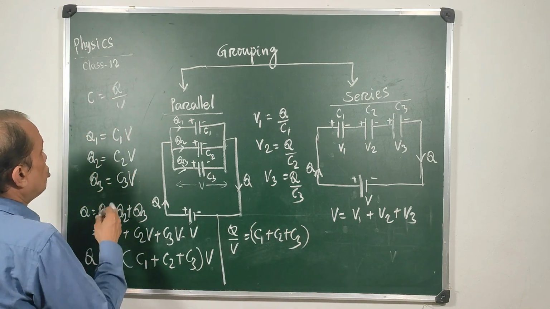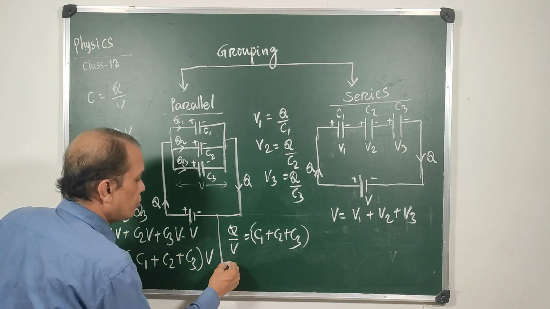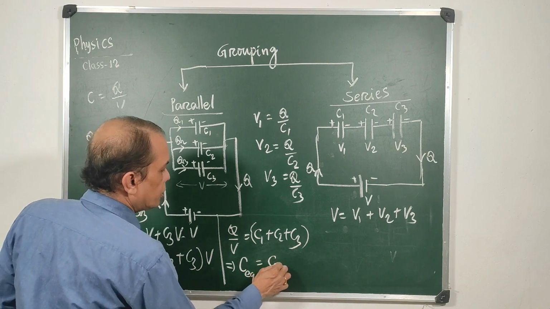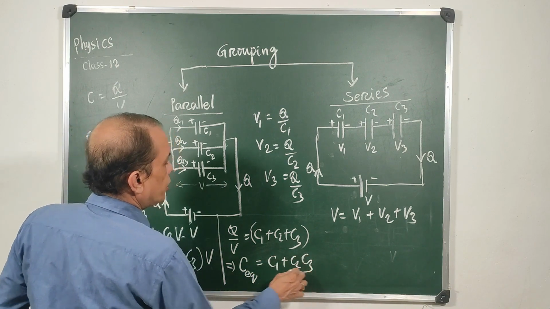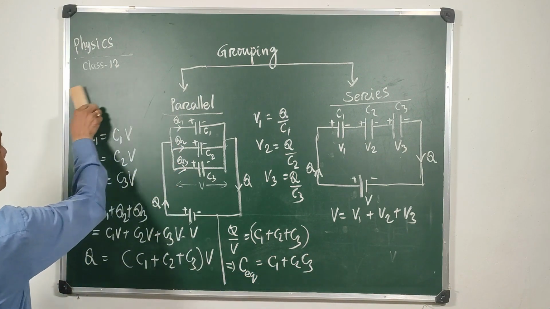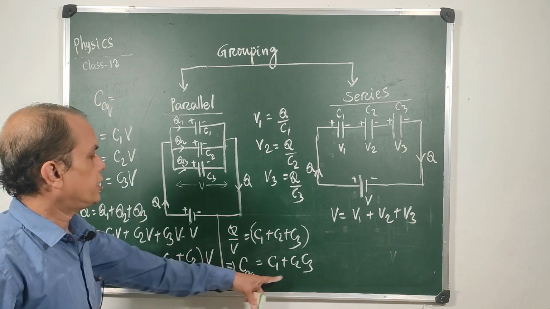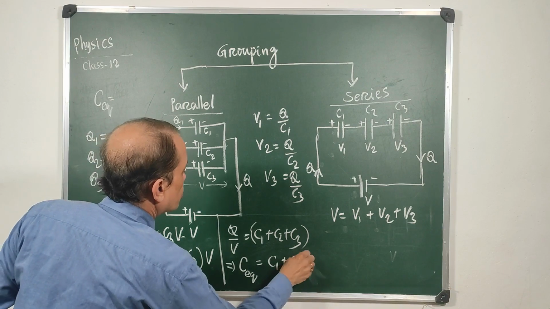Q by V is C, so this will be the equivalent capacitance, or Ceq is equal to C1 plus C2 plus C3. So in case of parallel combination, the equivalent capacitance Ceq becomes just the algebraic sum of the three, C1 plus C2 plus C3.